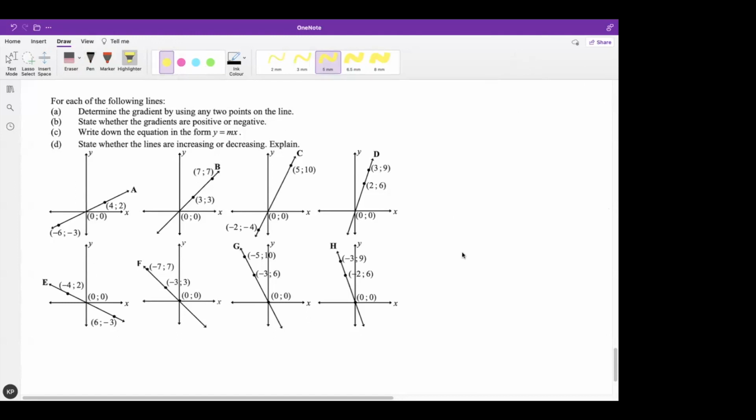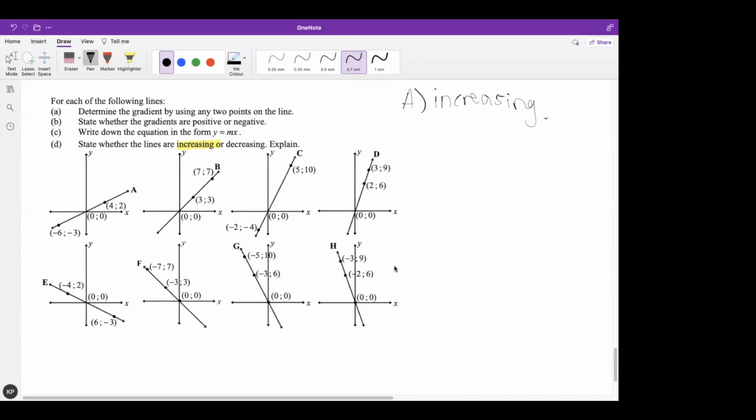Thank you very much. It is an increasing graph. Okay, so we're answering for A. So we know it is an increasing graph. Okay, we've done that. Now we need to find the gradient. Does anybody remember the formula for the gradient of a graph?